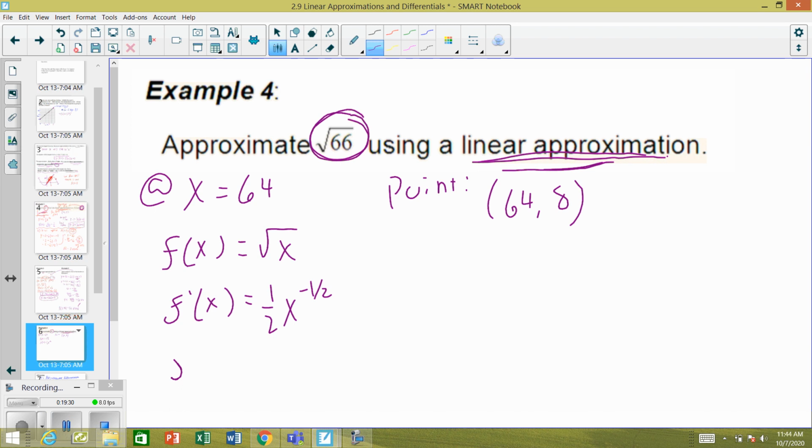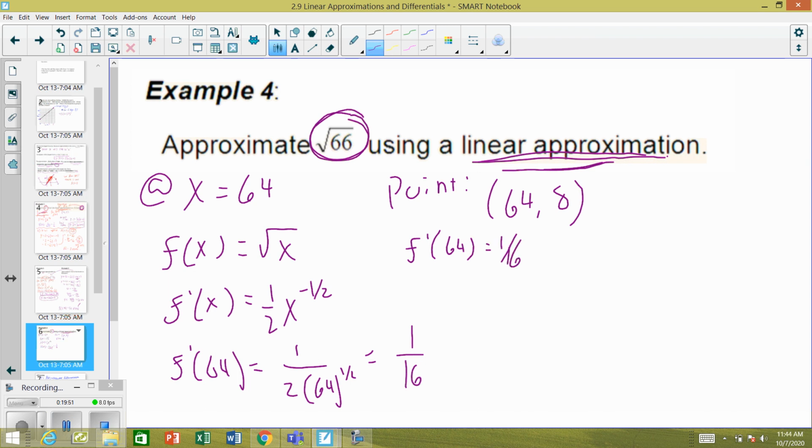And if I plug 64 into that to get my slope, I get 1 over 2 times 8, or 1 over 16. So my tangent line is going to be y minus 8 equals my slope, 1 over 16, and then x minus 64.